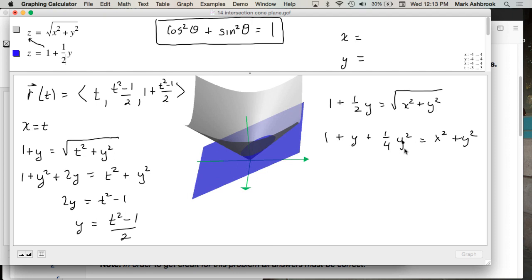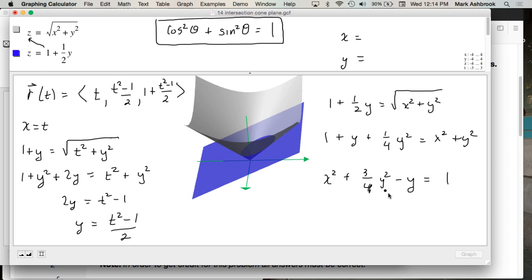And then we're going to gather up everything that has an x and y over here. So let's move everything to the right. So it's going to be x squared plus 3/4 y squared minus y equals 1. Did I do the math right?